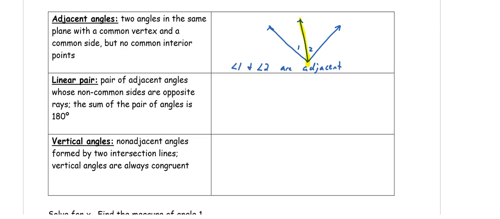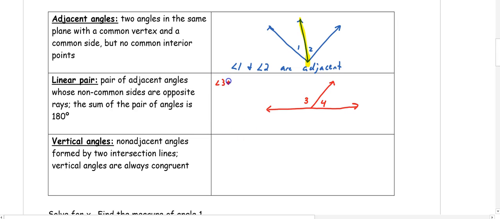Linear pair. Linear pair is a pair of adjacent angles where the non-common sides are opposite rays. So a linear pair is going to form a straight line. So let's say this is angle 3 and 4. This one down here is a straight line, so it's forming a linear pair. So we can say two things about this.